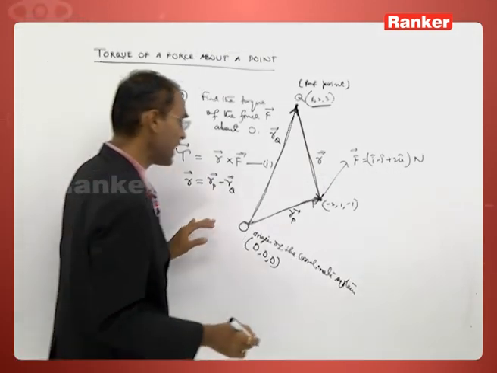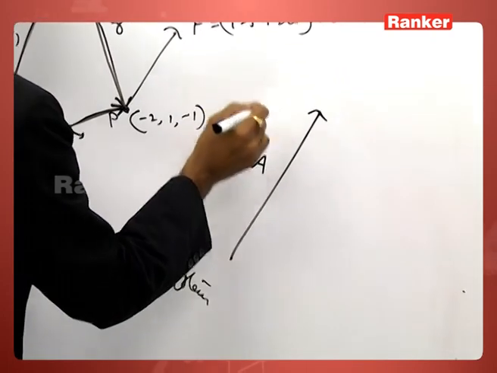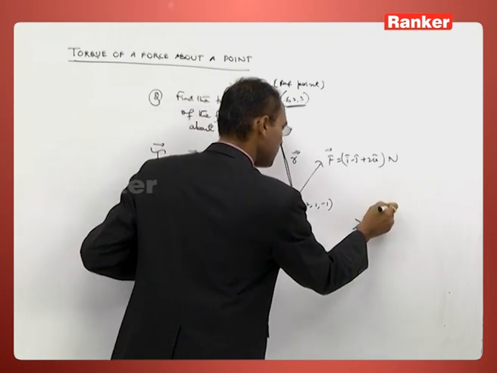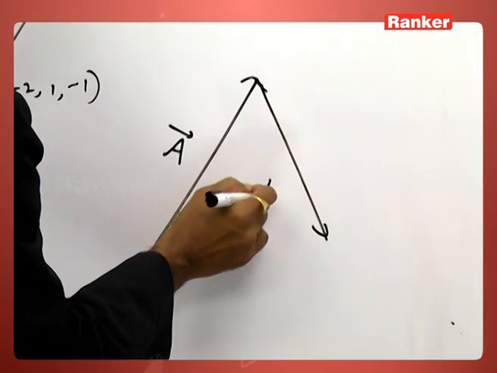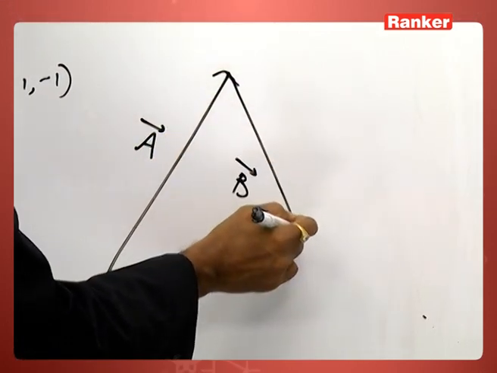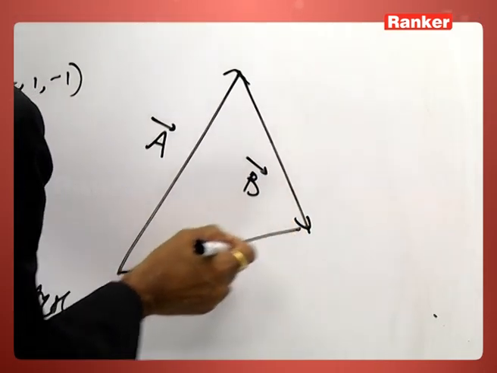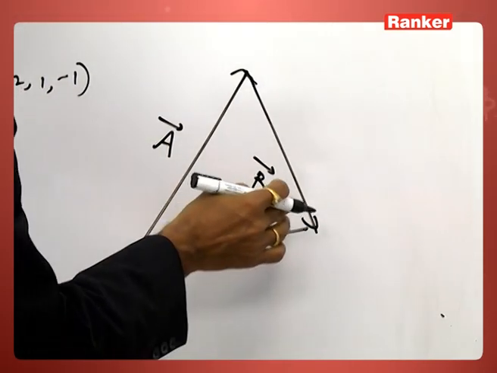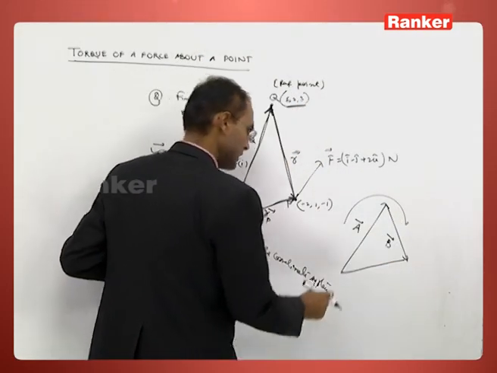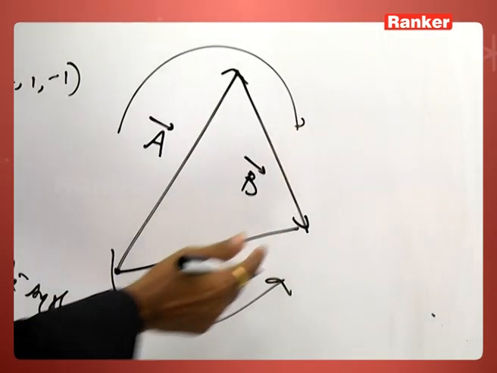The triangle law states that when a vector A representing one side of the triangle is added with the other vector B representing the other side of the triangle in the same manner, the closing side is taken in the reverse order. This order was clockwise. The closing side of the triangle is this, taken in which order? Reverse order.